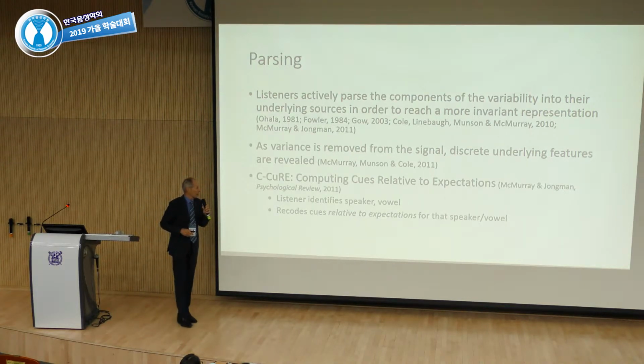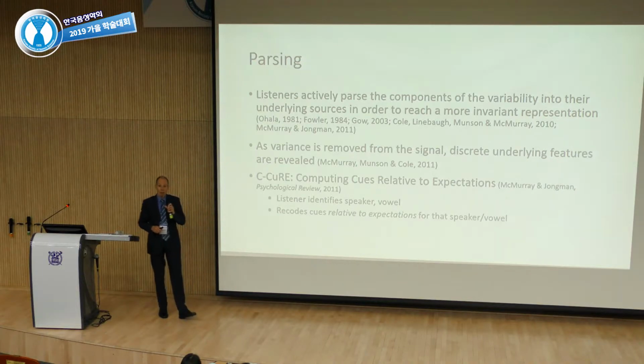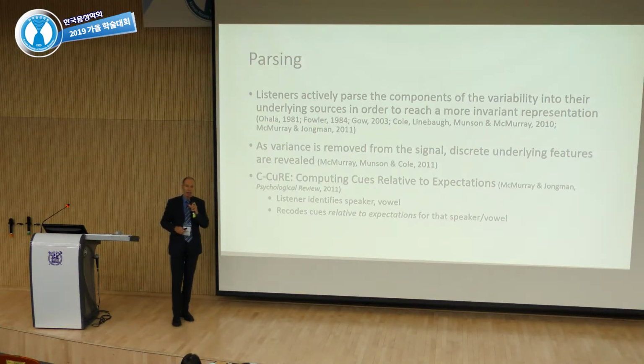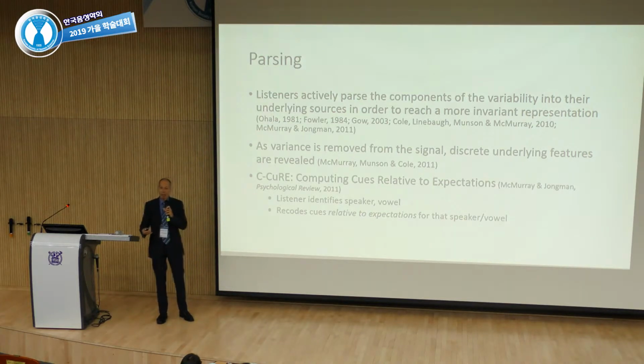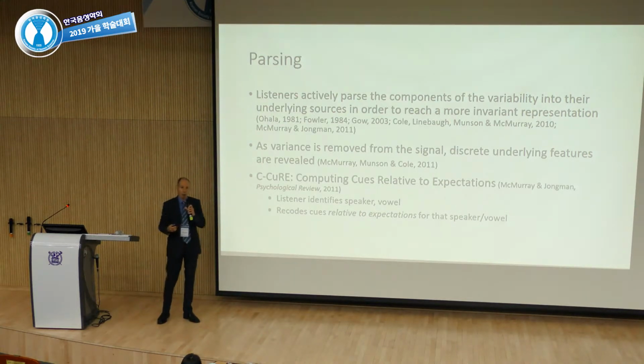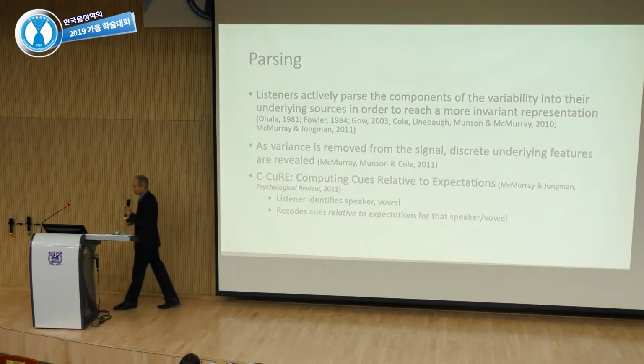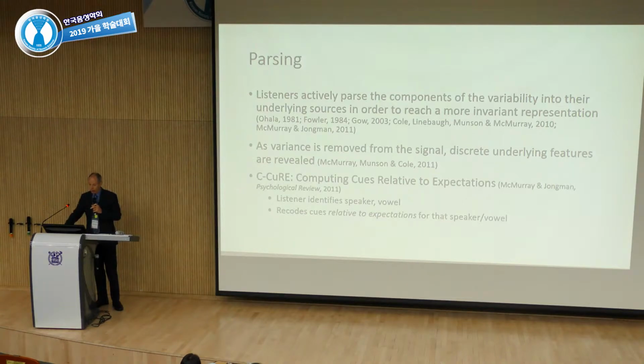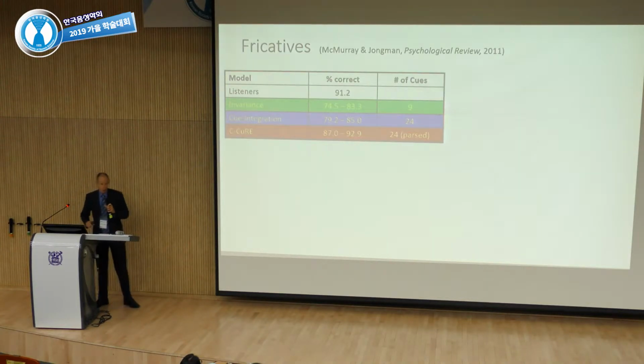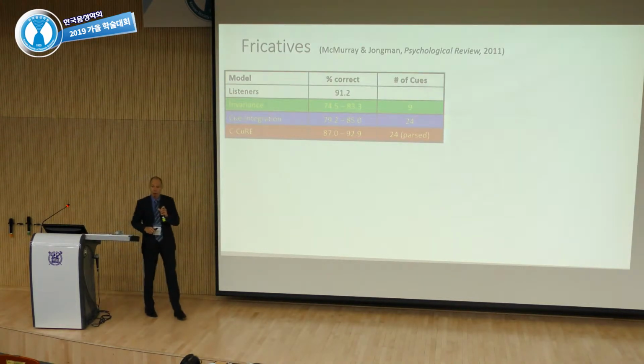And the idea is that the listener keeps track of the speaker and of the vowel, okay, and then sets up expectations based on that speaker, on that vowel. So basically what the listener is dealing with is not so much the speech signal per se, but the difference between the incoming speech signal and the expectations that have been built up for that particular speaker and that particular vowel.